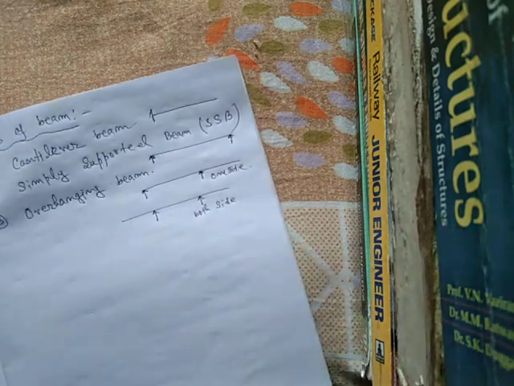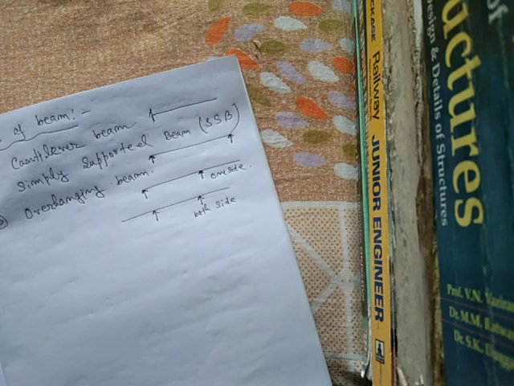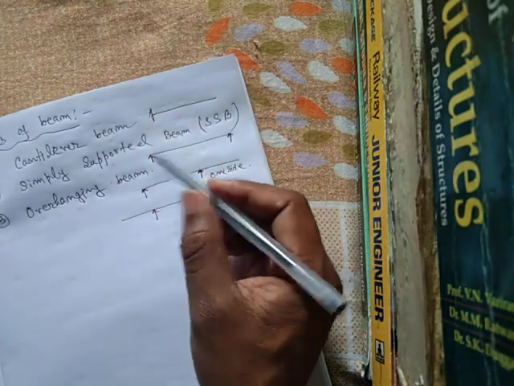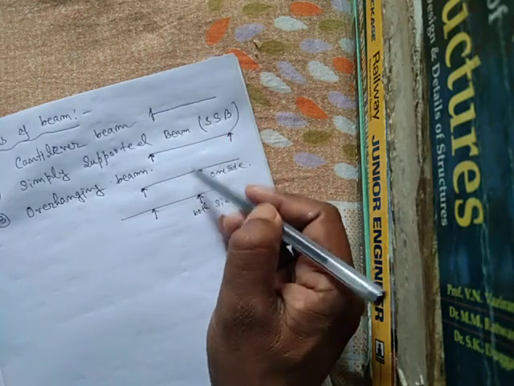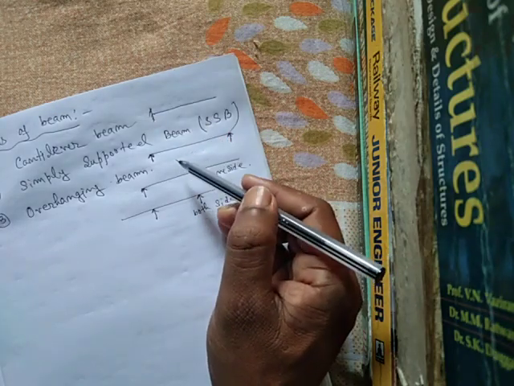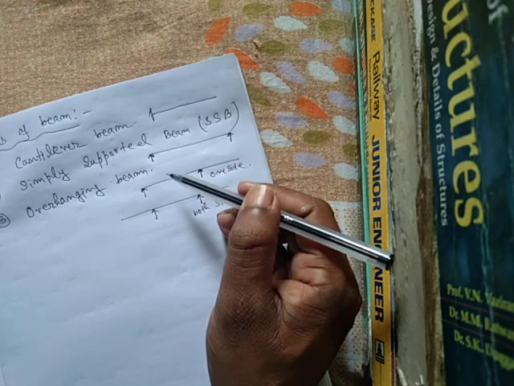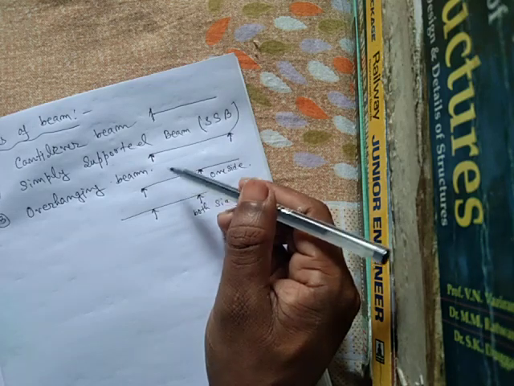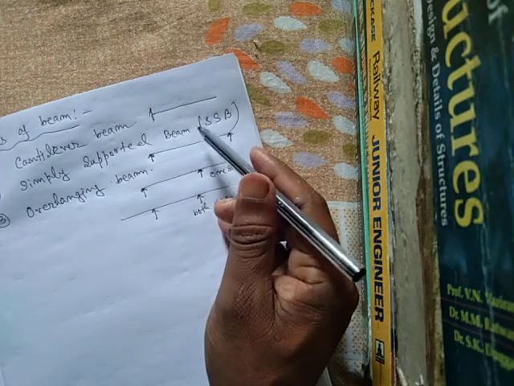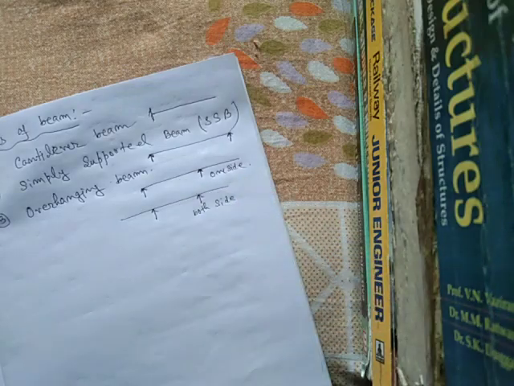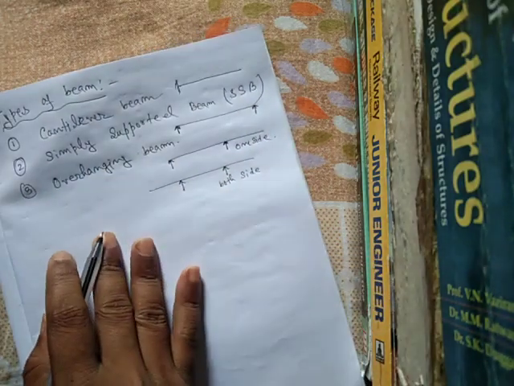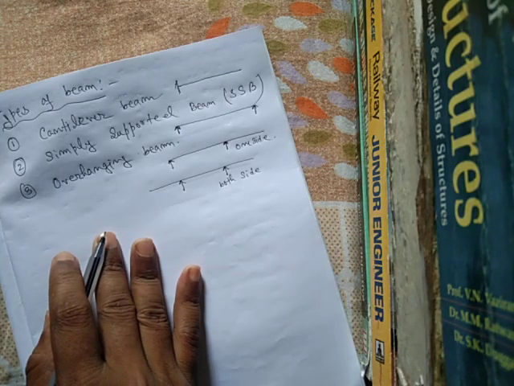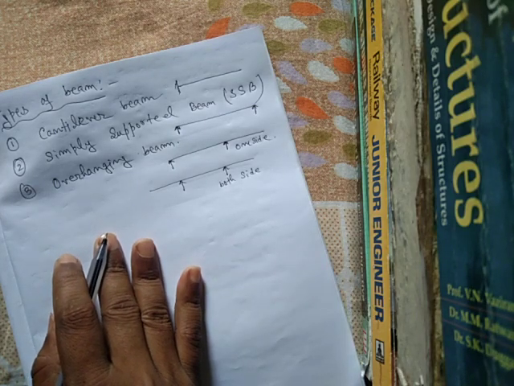Now try to draw the bending moment and shear force diagram of those beam. Let me first know the sign convention of the shear force and bending moment diagram. What is the sign convention of shear force diagram and sign convention of bending moment diagram?